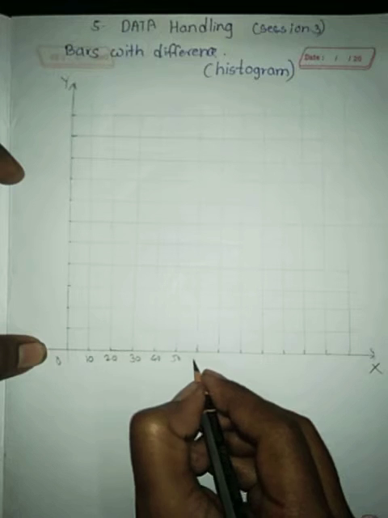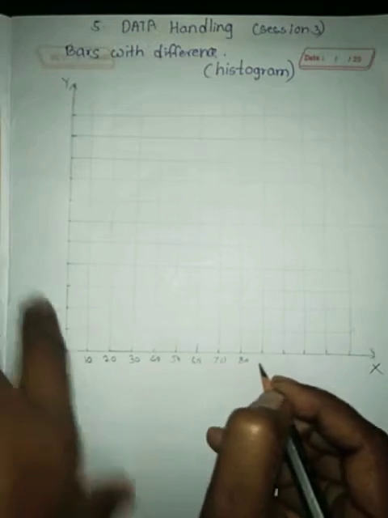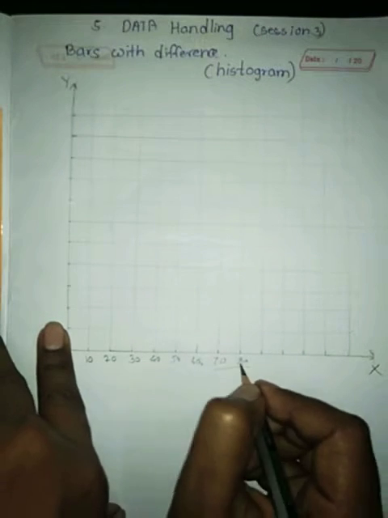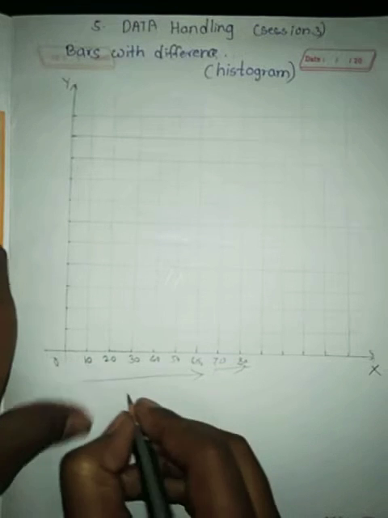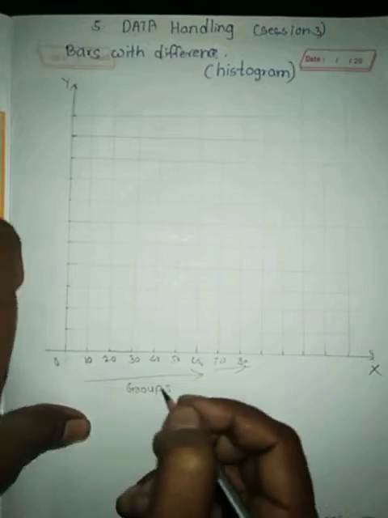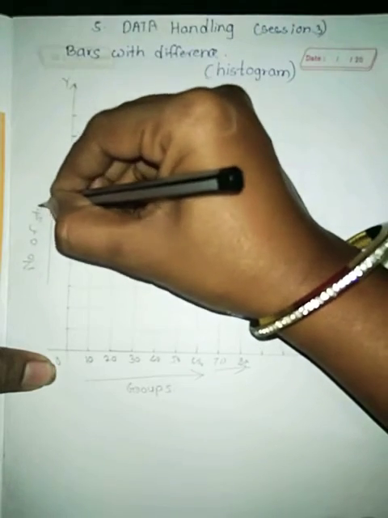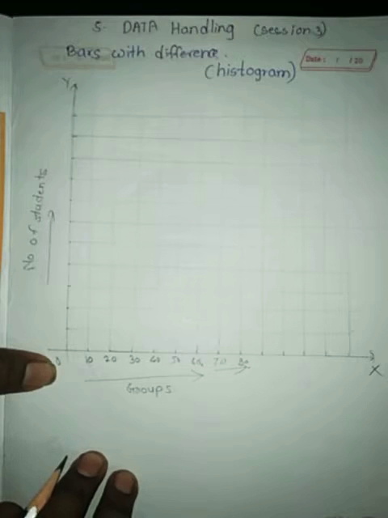We need only up to 60, so there is no need to go further. These are the groups, and here is the number of students in each group.